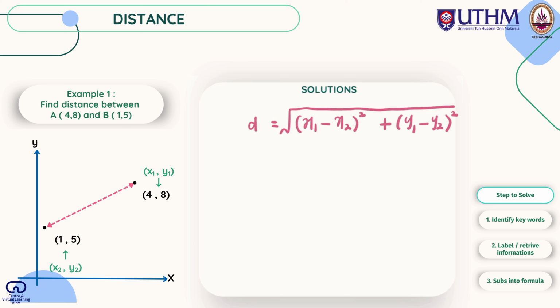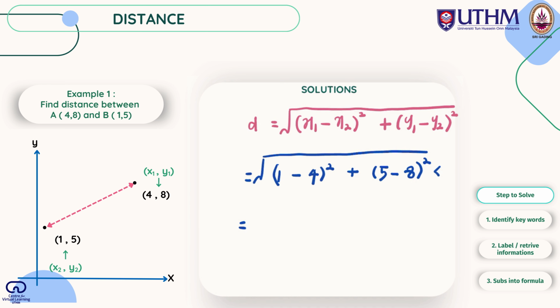Substitute into the formula: (1 minus 4) squared plus (5 minus 8) squared. Based on the formula, we calculate all the values inside the square root. This equals the square root of 18. You can leave your answer in this form or you can also give your answer in decimal.